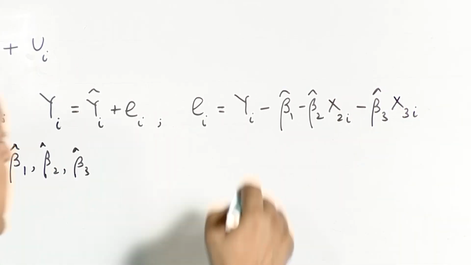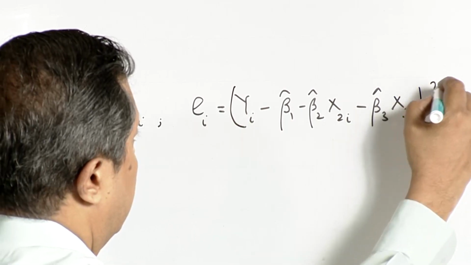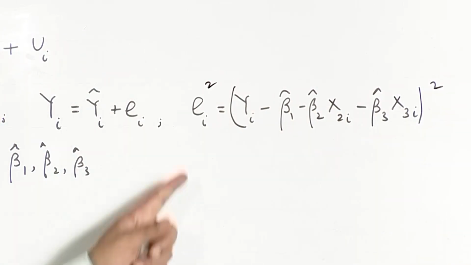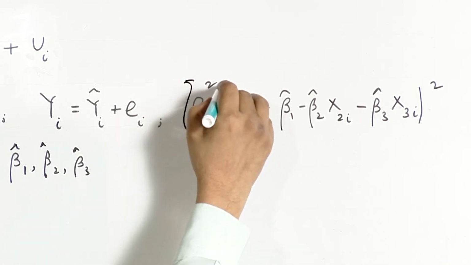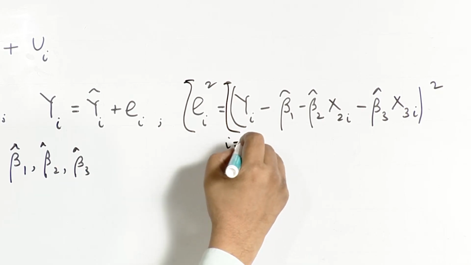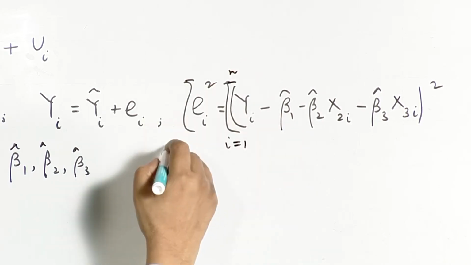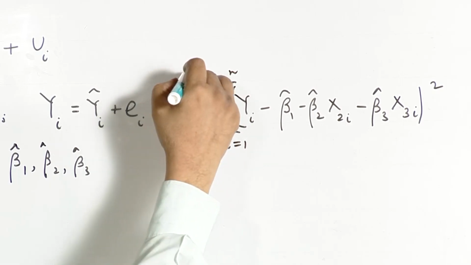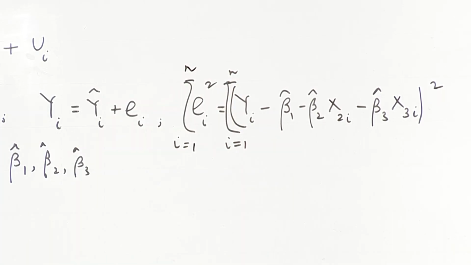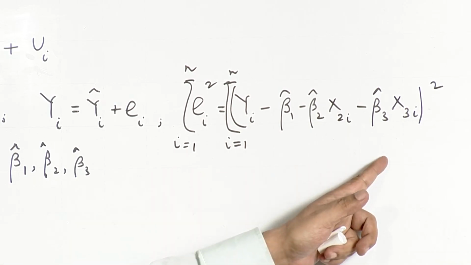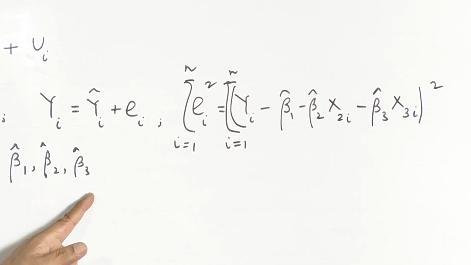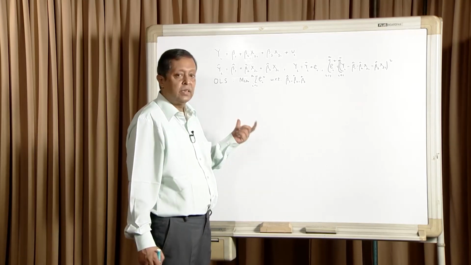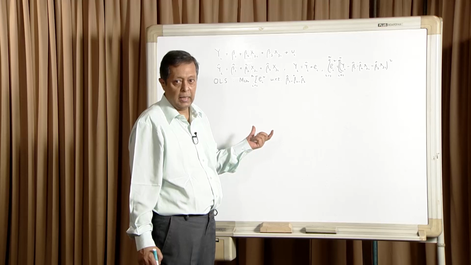So, the square of this is given by e i square, and the sum of these is called the error sum of squares. We get it by summing up from i going from 1 to n. So, this is the expression that we minimize with respect to beta 1 hat, beta 2 hat and beta 3 hat. Now, standard techniques of optimization apply.